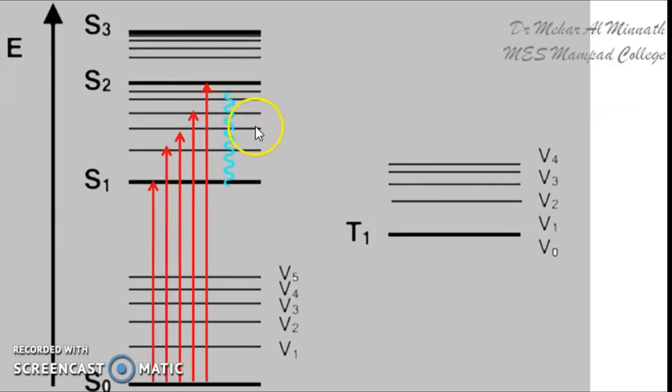Some amount of energy is lost. This particular relaxation is called vibrational relaxation, and it is a non-radiative type of relaxation. That is, radiations are not emitted, but the vibrational relaxation occurs through collision transfer of energy from the excited molecule to other molecules.